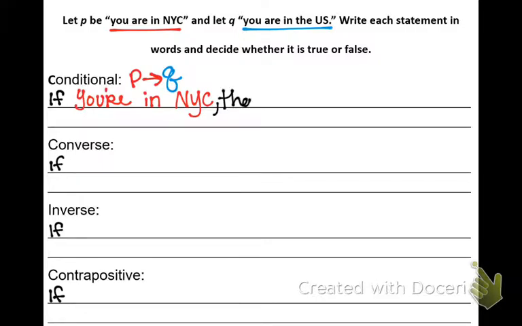Then. And then what is our conclusion? You are in the U.S. You are in the U.S. And then we have to decide whether or not we think that that is true. So if you're in New York City, are you in the United States? Yes. Yes, so that would be true.